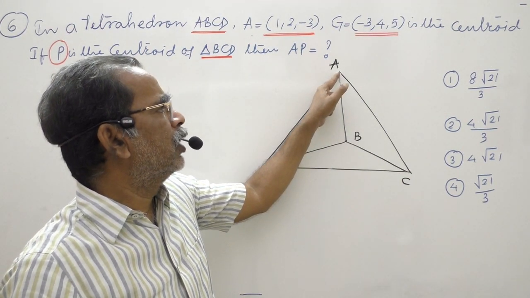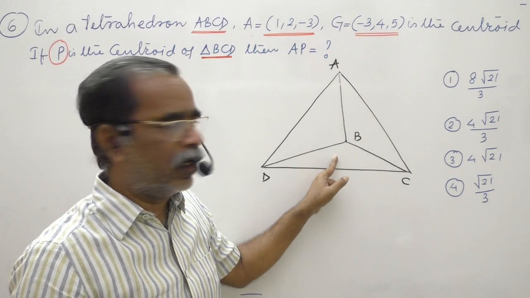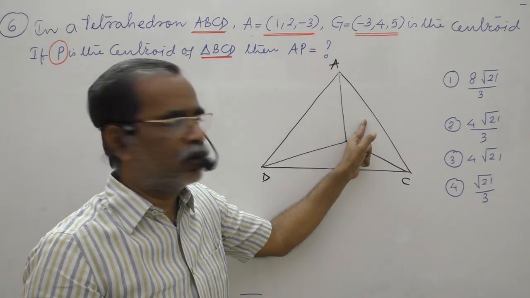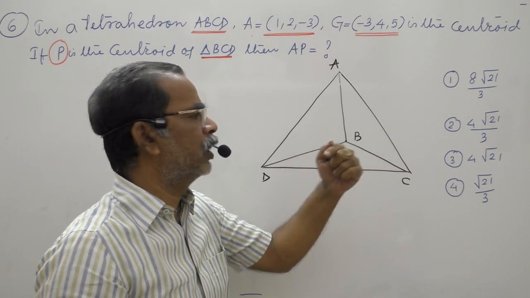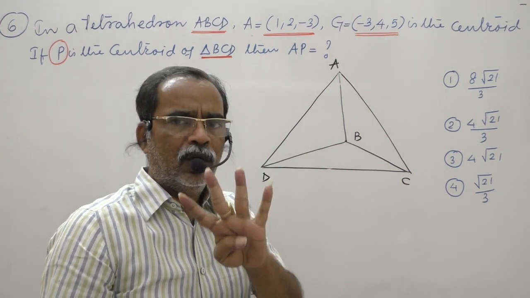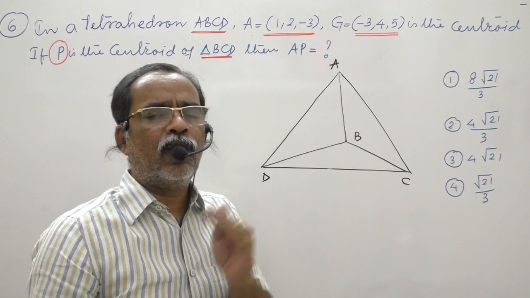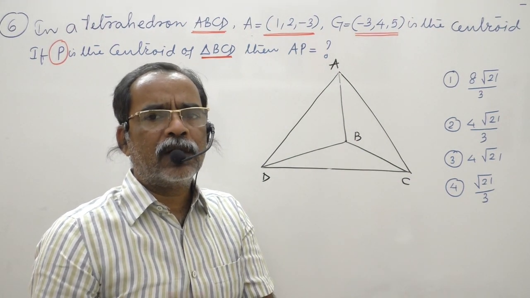You will get a line joining A and the centroid of the opposite triangle. Similarly for D, C and B. You will get 4 lines. Those 4 lines are concurrent. Their common point is the centroid.